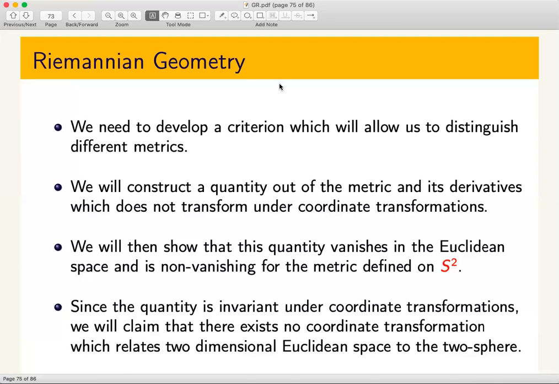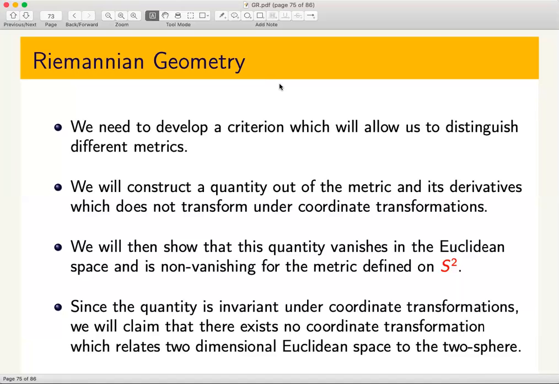So our criterion for determining whether the geometries are the same or not is completely based on the metric and its derivatives. That is the only available parameterization of geometry that we are going to use. Riemannian geometry is defined only in terms of the metric defined on the space.